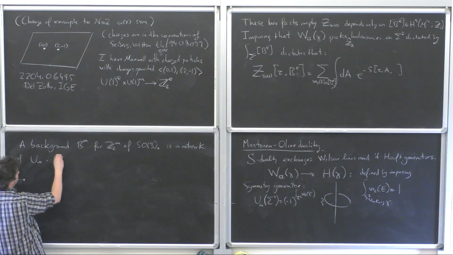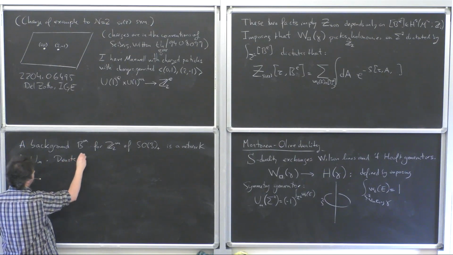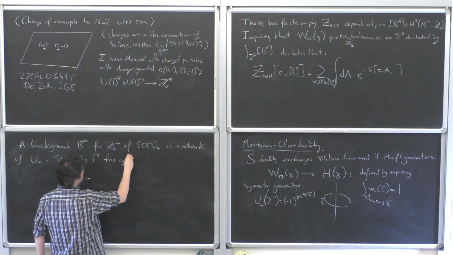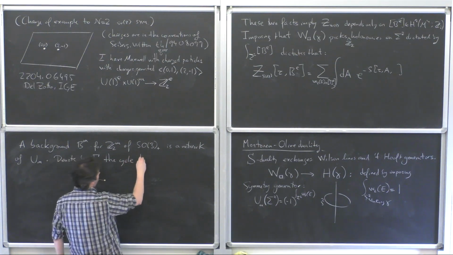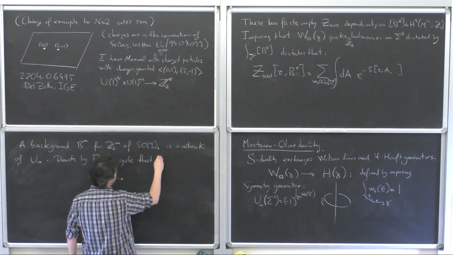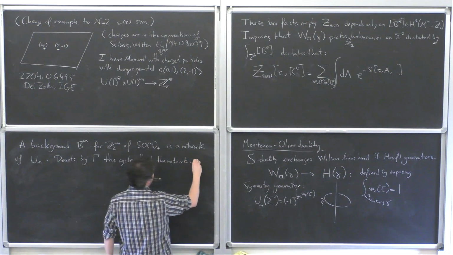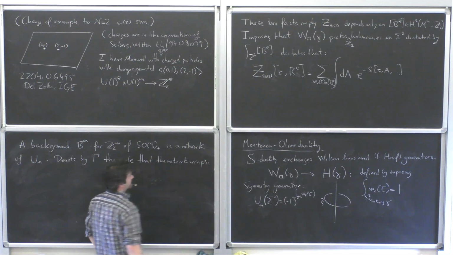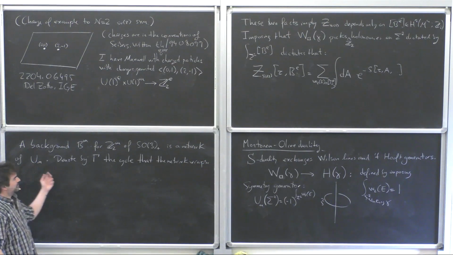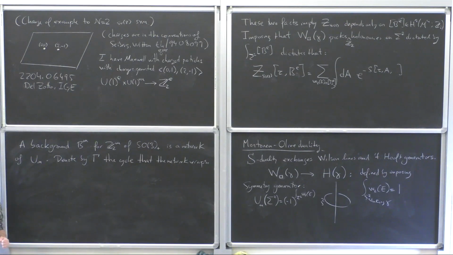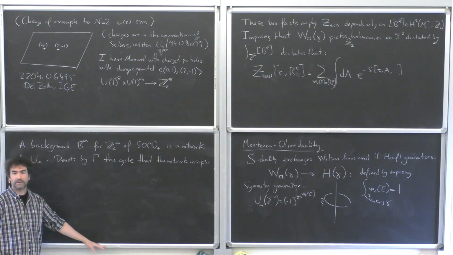So denote by gamma the cycle that the network wraps. Right, so I'm wrapping operators U, M on gamma. There's a two cycle. Is the picture clear?